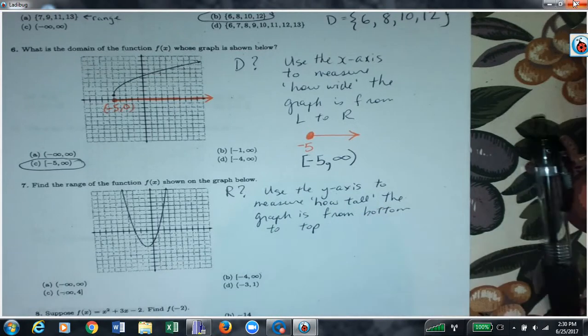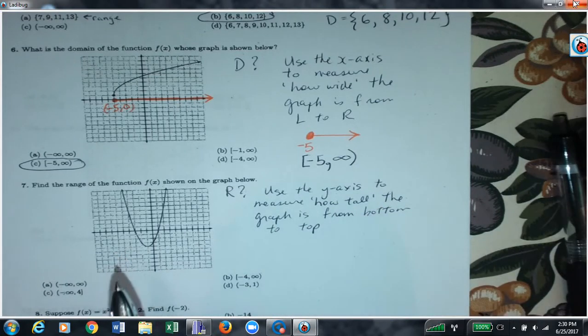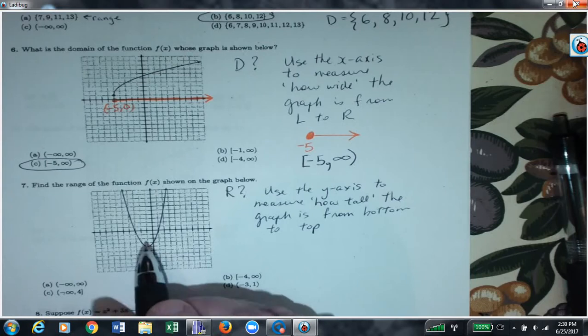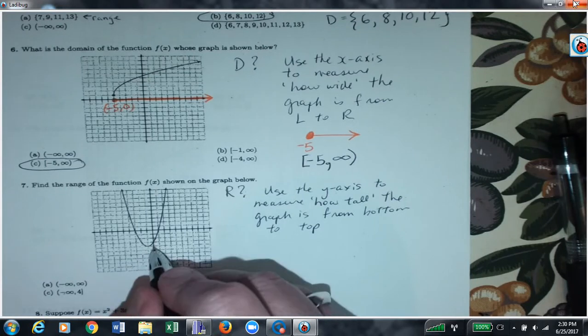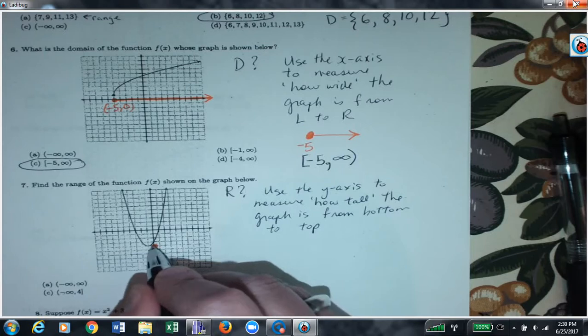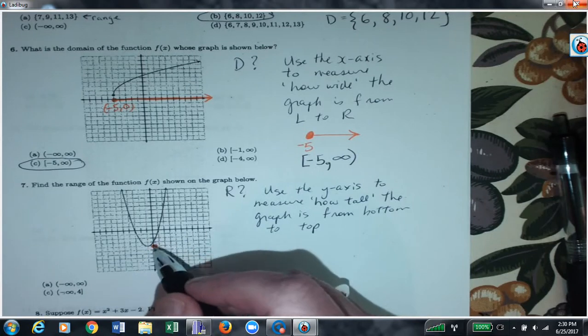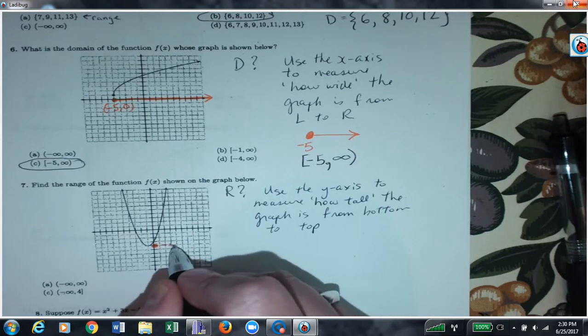So again, in my red pen, where is the bottom? There. And where does that point correspond to on the y-axis? Right here. And we're at 1, 2, 3, -4 on the y-axis.